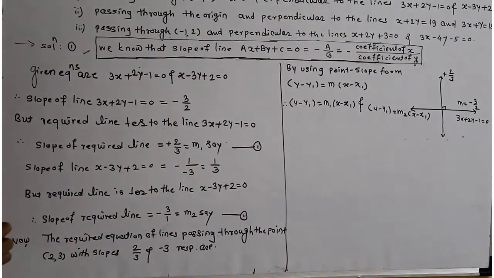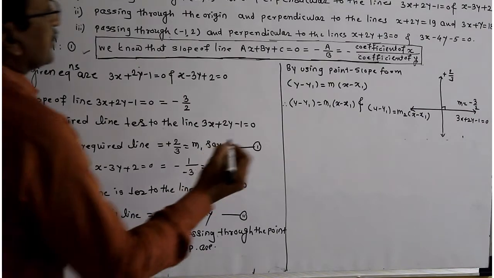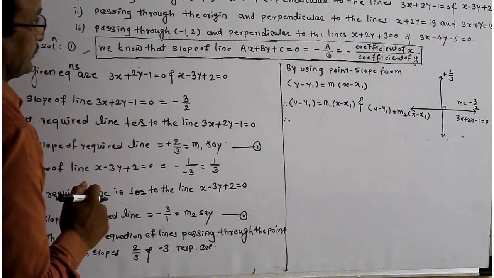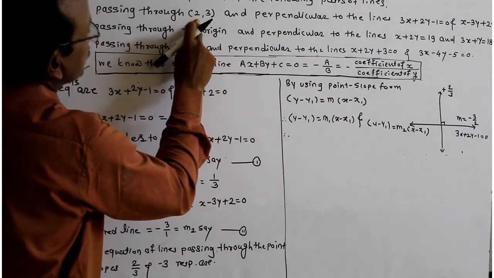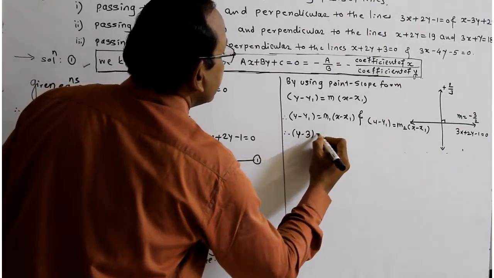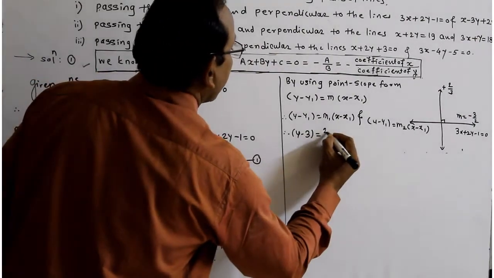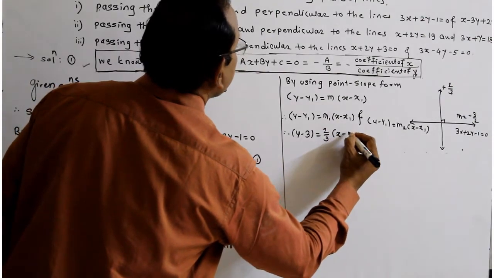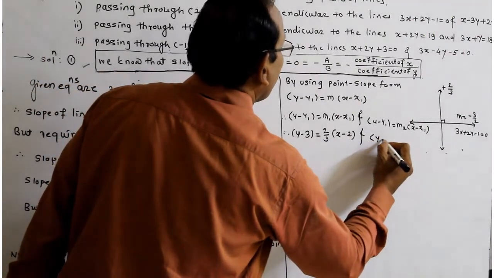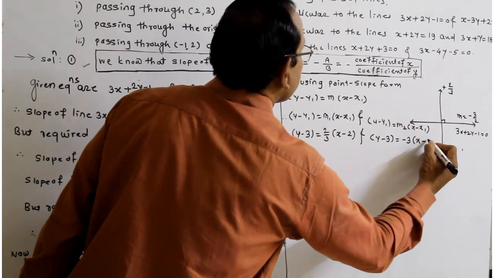Now substitute the values of x1, y1 and slopes m1 and m2 in these equations. Here the point is (2, 3). The value of x1 is 2 and y1 is 3. Now substitute here. It is y minus 3 is equal to, with the slope m1, 2 by 3 into bracket x minus 2, and the other equation is y minus 3 is equal to minus 3 into bracket x minus 2.